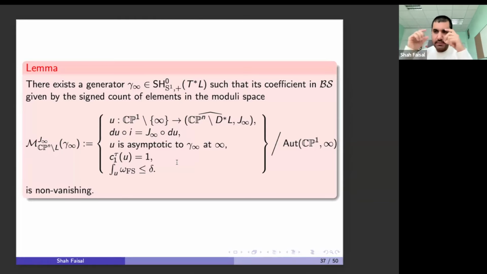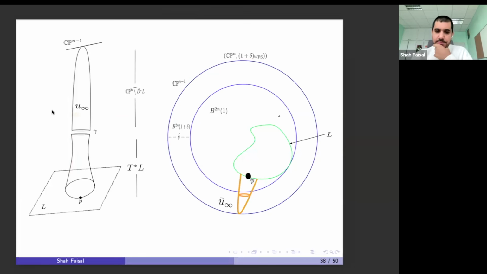So there is a holomorphic plane in my construction that intersects the hypersurface and is asymptotic to some orbit gamma infinity. When you compactify it to a disk, it gives you a smooth disk of that area. And then I consider that plane with non-vanishing count.